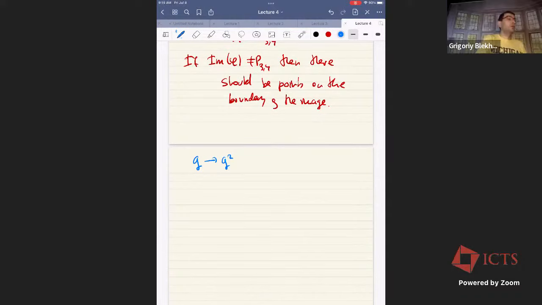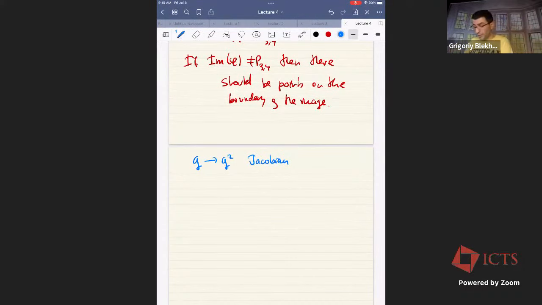So what is going to be the Jacobian of the map that takes Q to Q squared, the differential? What I want to know is what is the span, or what is the tangent space.